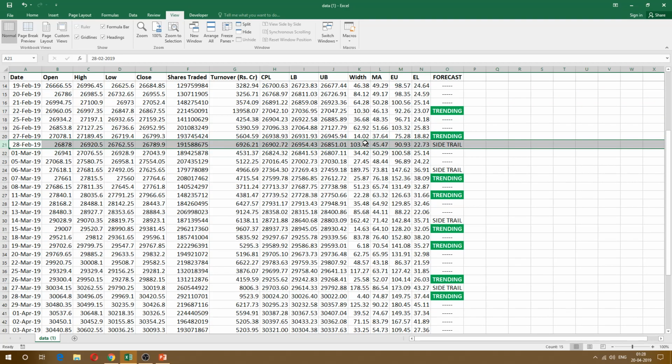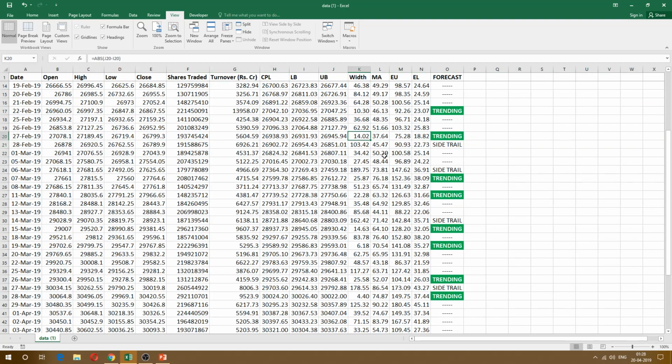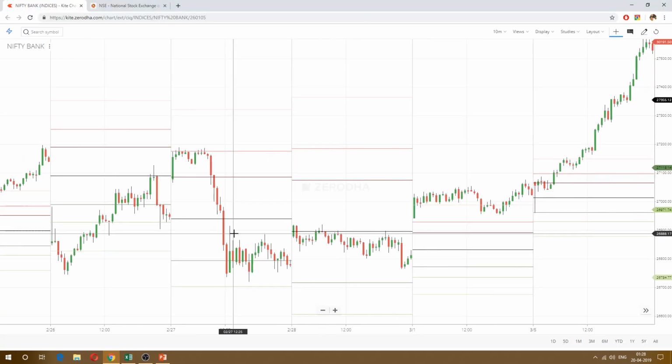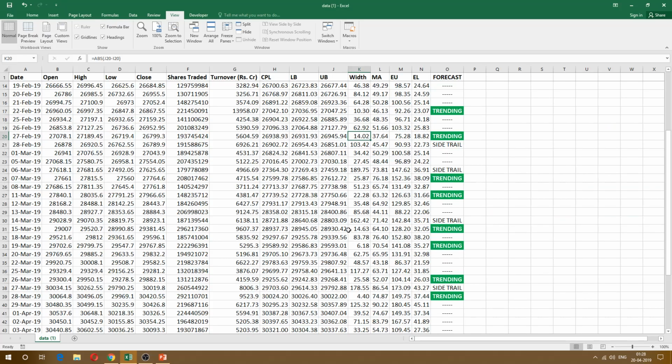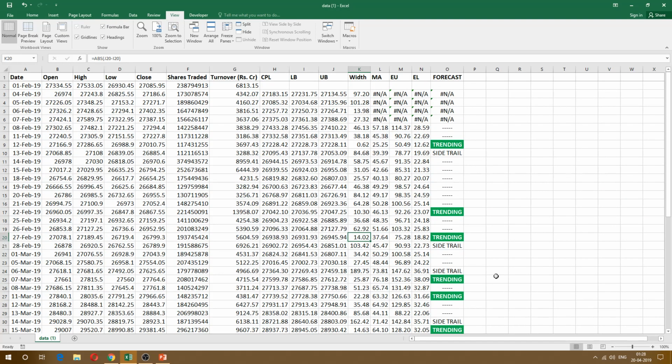When the width of the central pivot line becomes narrow, then the market is expected to be trending for that day. And when the width of the central pivot line becomes extremely wide, then the market is supposed to be side trailing for that day. Okay, and now let us see how I did this.